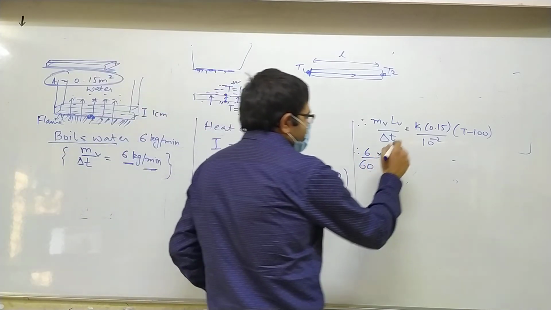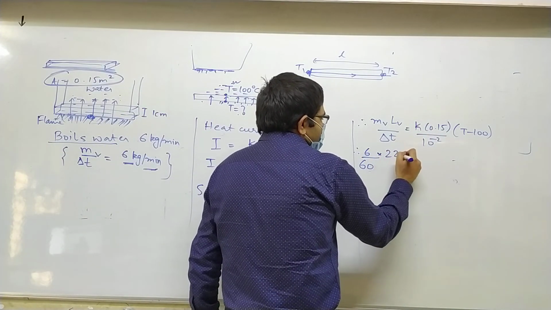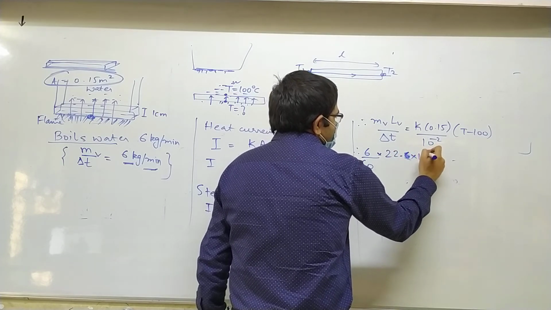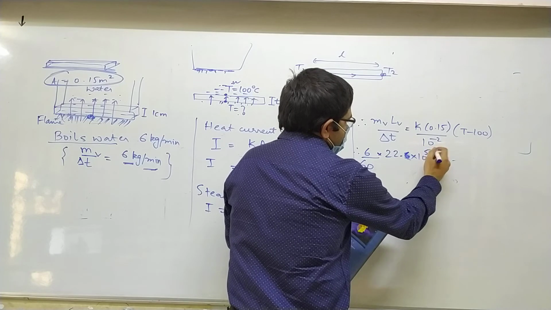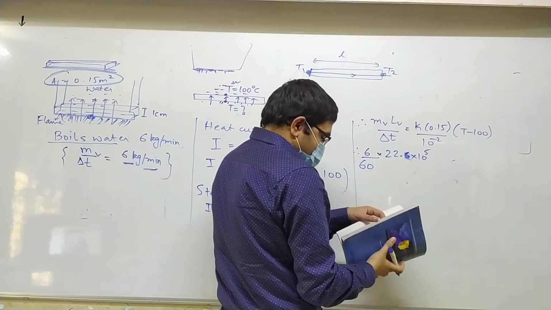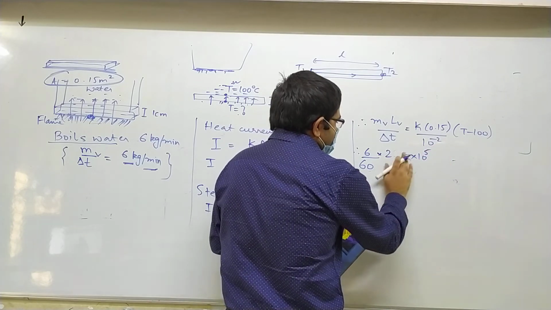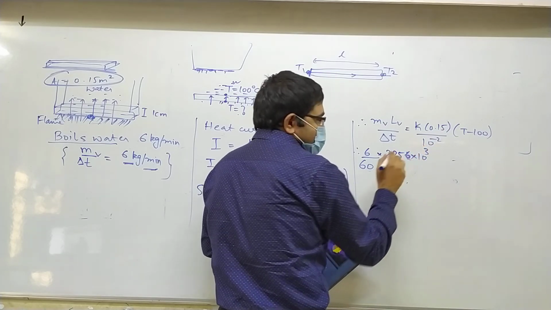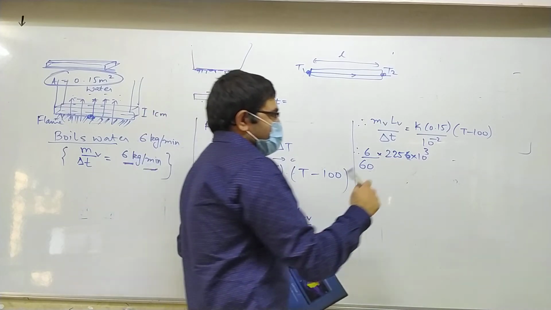Yeah, fine, no problem. It's correct. Don't worry. It's okay. Okay, we can use the exact value given in this, 2256 into 10 raised to 3. The value is right. Don't worry about it. Okay, I was just a little suspicious.